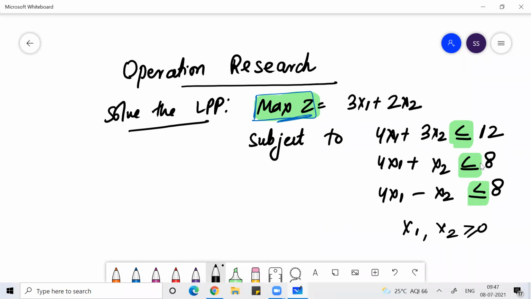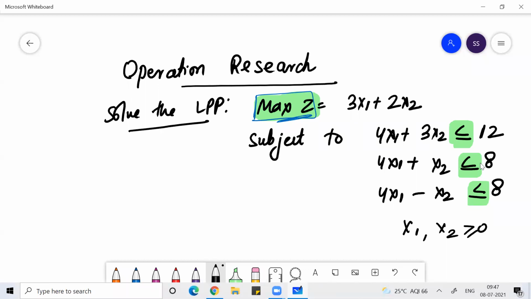If we are trying to solve the problem by the simplex method, the constraints should always be less than or equal to. If you have a greater than or equal to constraint, then you cannot introduce a slack variable there. I believe you remember, in the last two classes we talked about the simplex method, and I told you that depending upon the number of constraints we have, we introduce that many slack variables.